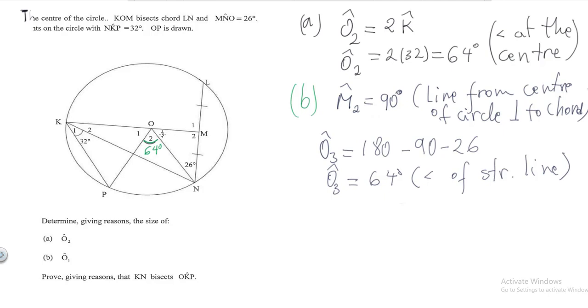Okay. Now, as we know O3, we know O2, so O1 will be 180 minus 64 minus 64, so will be 180 minus 64 minus another 64, so here will give us 52 degrees.